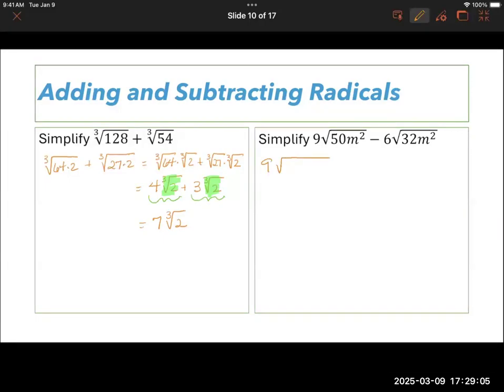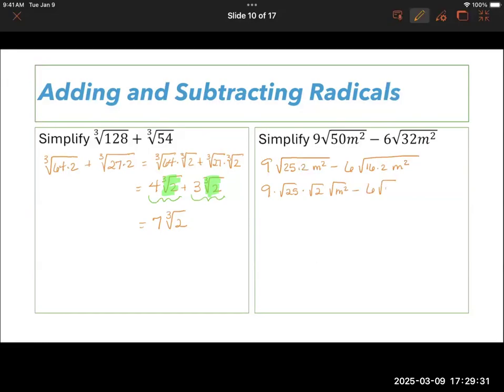Square root of 50 can be broken up into 25 times 2. The square root of 32 can be broken up into 16 times 2. So now we're looking at the square root of 25 times the square root of 2 and a square root of m squared.